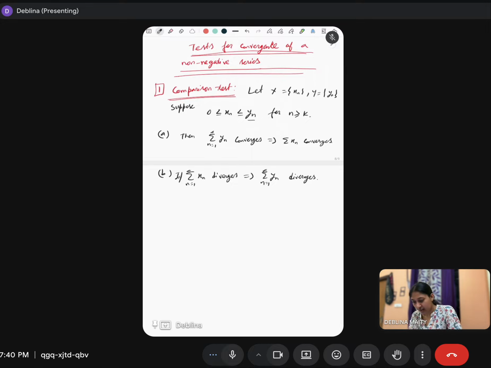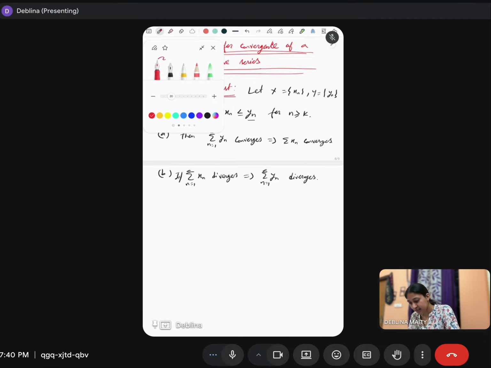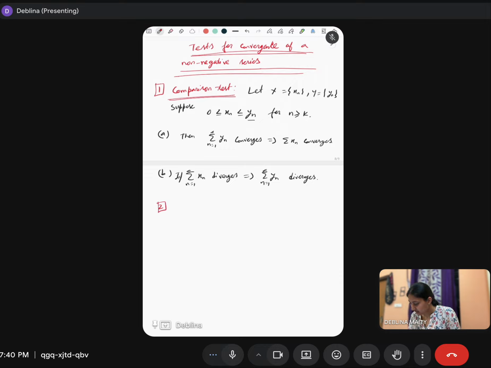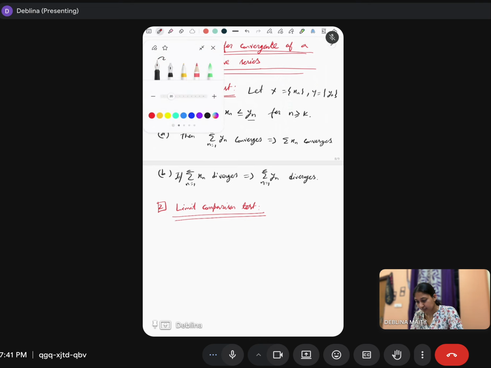And there is another test, which is the limit comparison test. So what does it say?